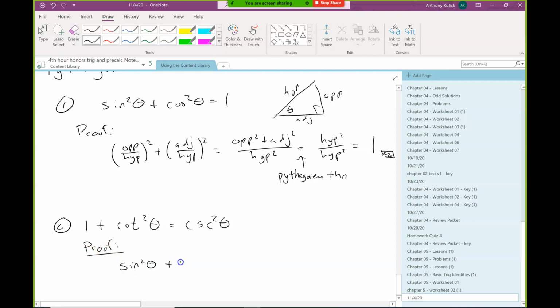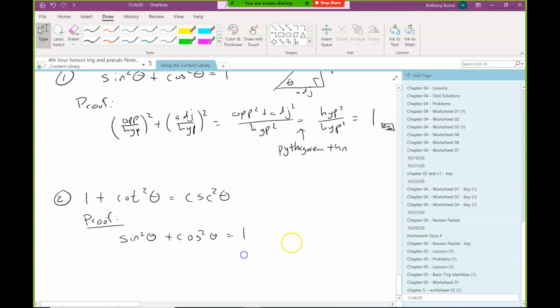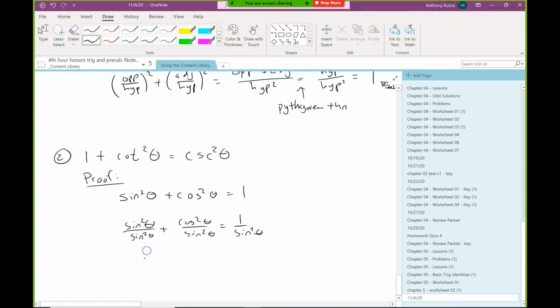Everybody's okay with that idea? We can divide both sides of an equation by a value. Sine squared over sine squared is just 1. Cosine squared over sine squared: cosine over sine is one of our quotient identities, that's cotangent, so cosine squared over sine squared must be cotangent squared.